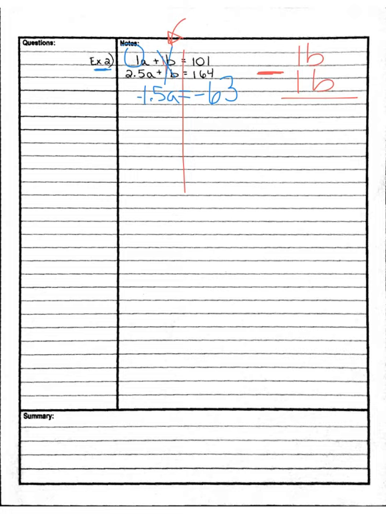And I highly suggest that you use a calculator with the subtracting. Remember, the top number, subtract the bottom. And so now, to get a by itself, we're going to divide by that negative 1.5, and a equals 42.